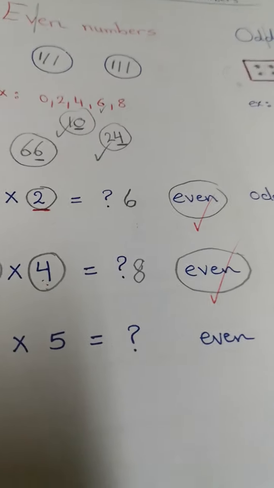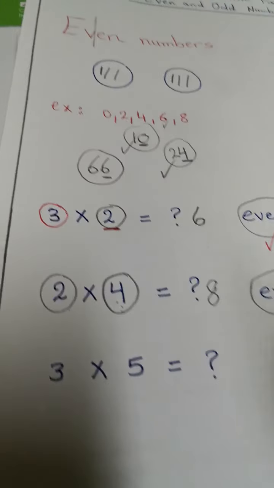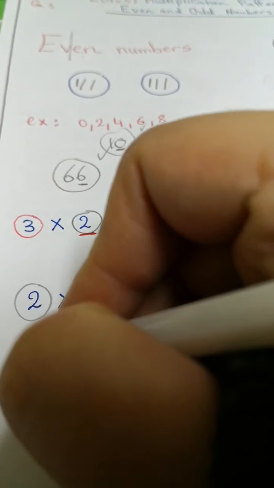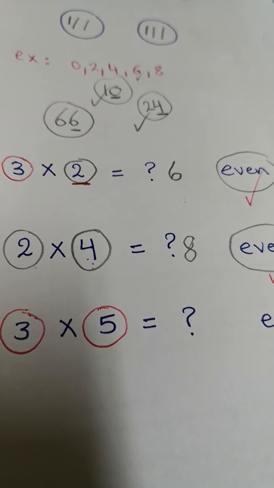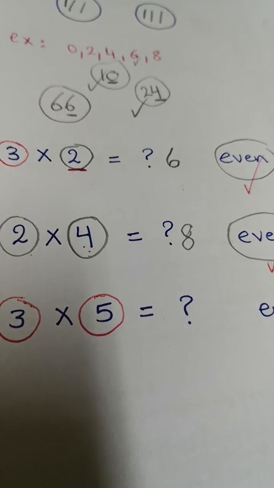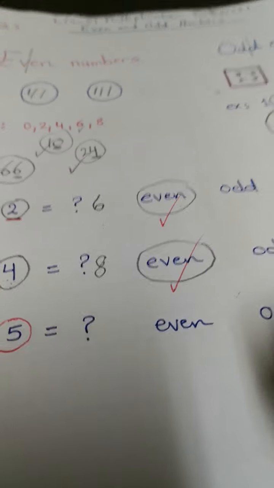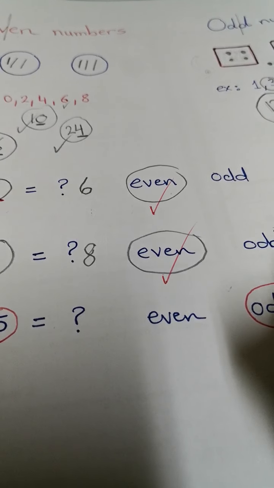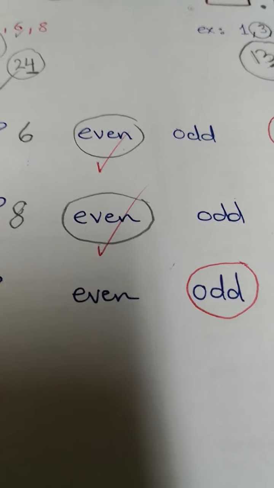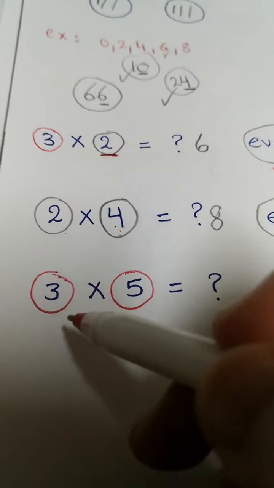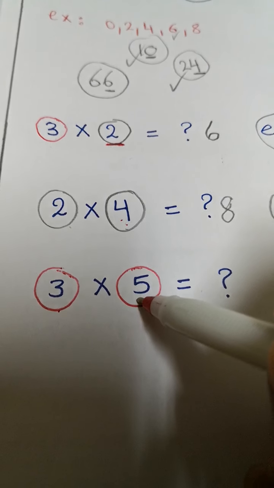Now what about if you have an odd number multiply an odd number? What do you think? Yes, of course, bravo. The answer is odd also. The product is odd. Why? I have here 3 multiply 5.